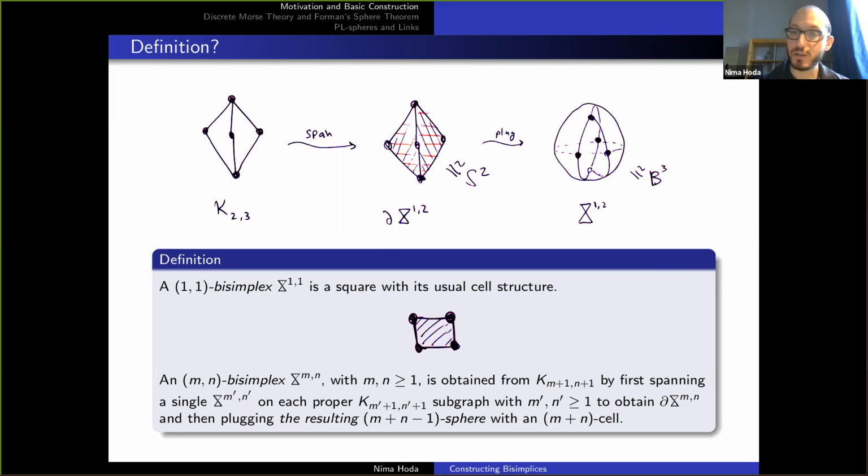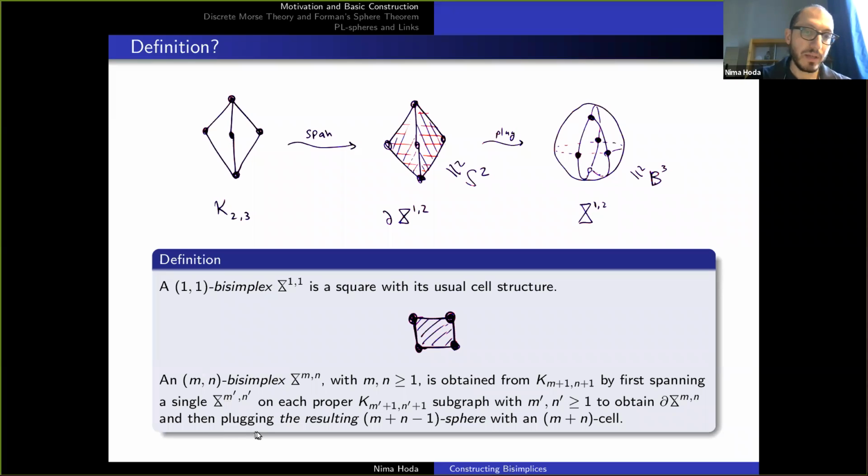We have access to those lesser bisimplices inductively, and once we expand those lesser bisimplices on the proper subgraphs and make the correct identifications along common faces, we call that the boundary of the bisimplex.